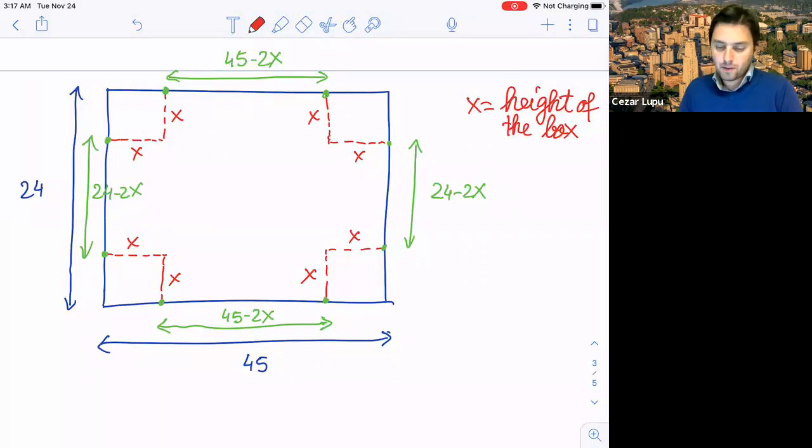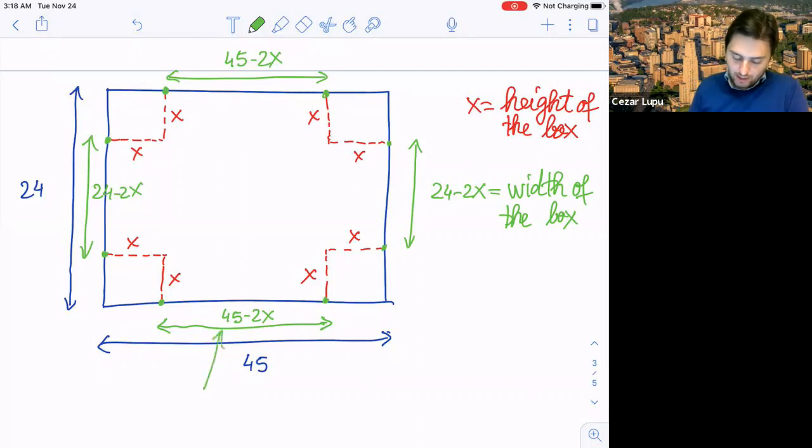Right? And this 24 minus 2x is nothing else than just the width of the box. Okay. And here we have this 45 minus 2x is nothing else than just the length of the box.